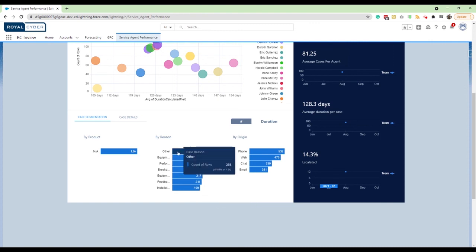Now here, if you see, the highest is 258 cases which don't have a category. We are not able to categorize them. So we need to get into these cases, see what happened, and if we don't have an appropriate category, we might have to define one.